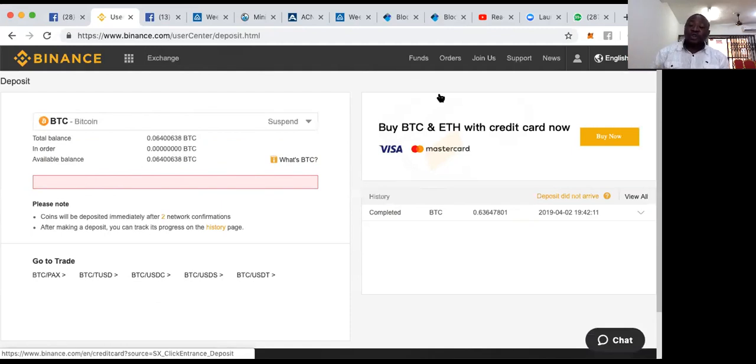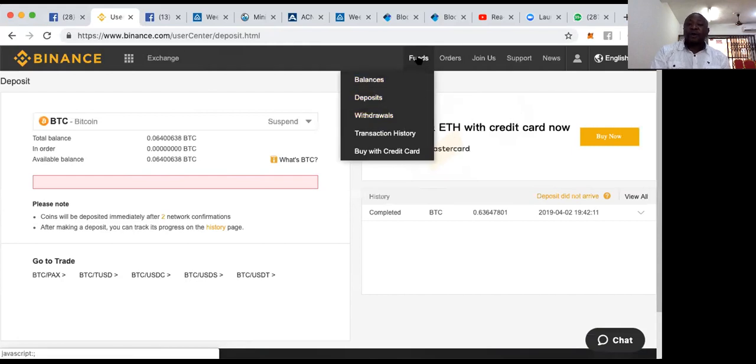I always say, please withdraw your money to your blockchain wallet first before sending it to your exchange platform. I don't like the idea of withdrawing directly from platform to exchange, because when there are issues, it can be very complicated sometimes, okay?